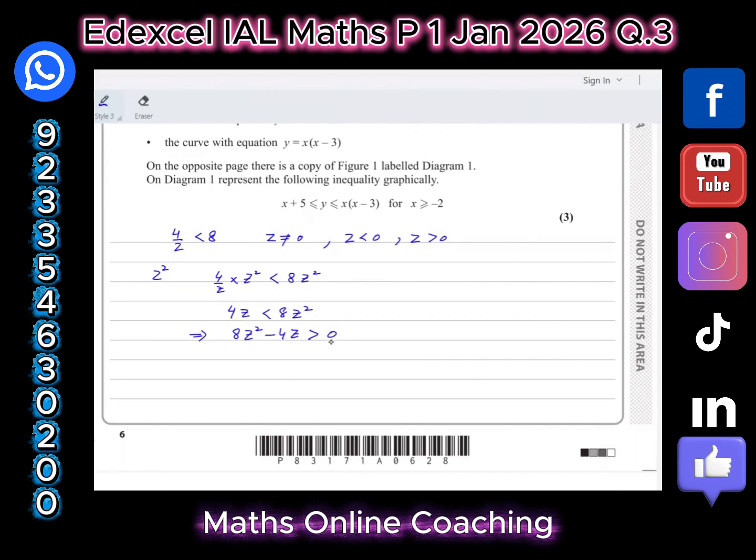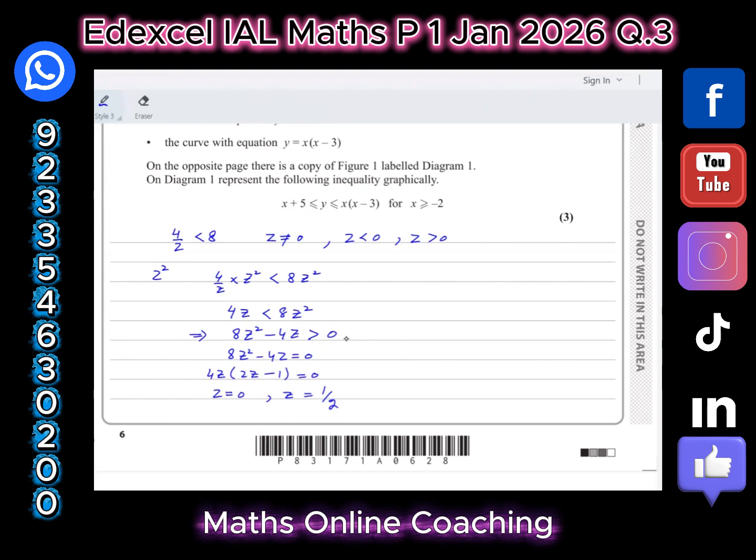This is a quadratic inequality and its associated equation is 8z square minus 4z equal to 0, which can be simplified as 4z into 2z minus 1 equal to 0. And it gives z equal to 0 and z equal to 1 by 2. These are the two values of z which satisfy this quadratic equation.